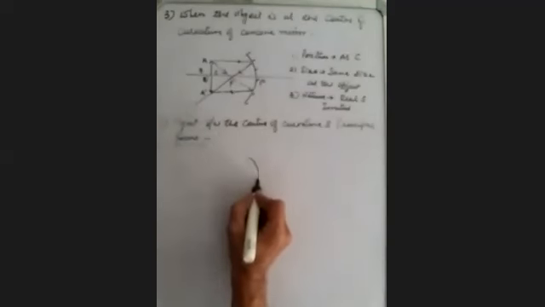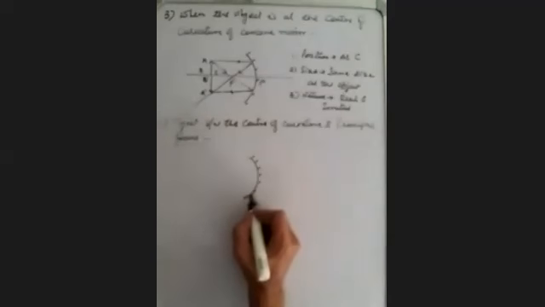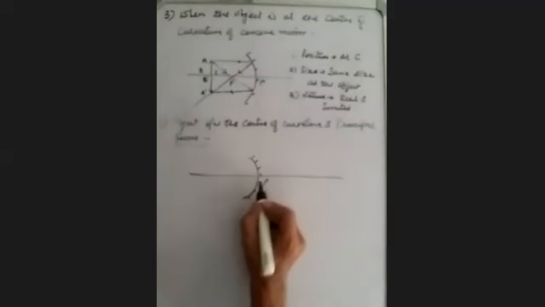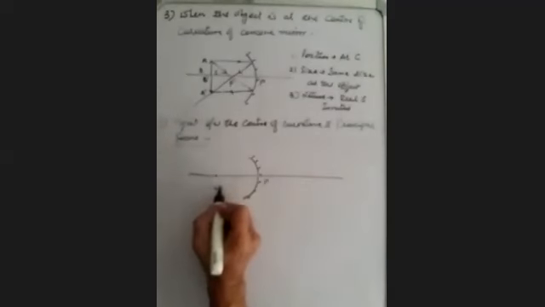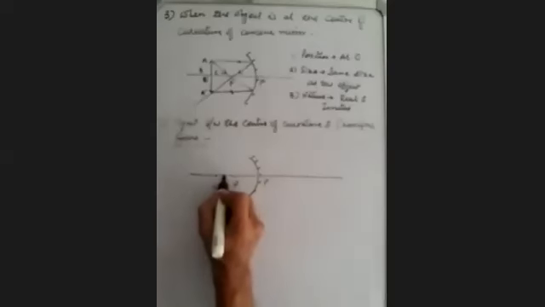The concave mirror, principal axis, center of curvature, principal focus. And somewhere in between there is an object at some position between C and F. So AB is the object now.